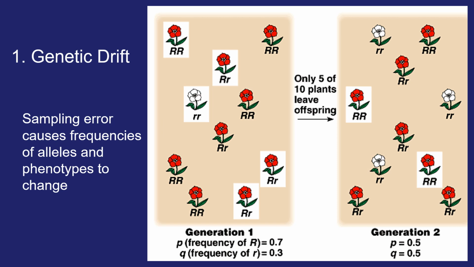Sampling error is where you have a small collection of individuals, and just due to chance, quite often that small segment isn't representative of the entire population. Just the fact that we have included 3 heterozygotes and the one and only homozygous recessive, again just by chance, is going to lead to an increase in the frequency of the recessive allele in the next generation, as you can see.